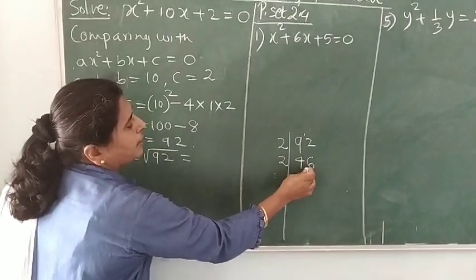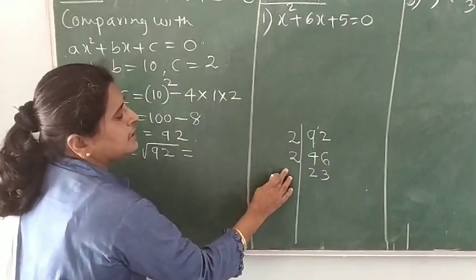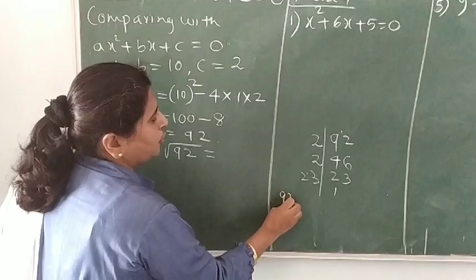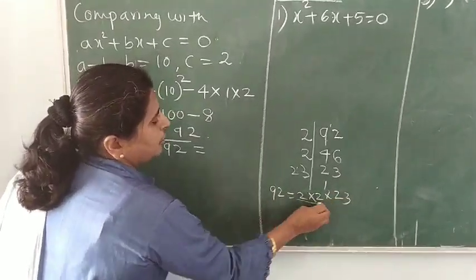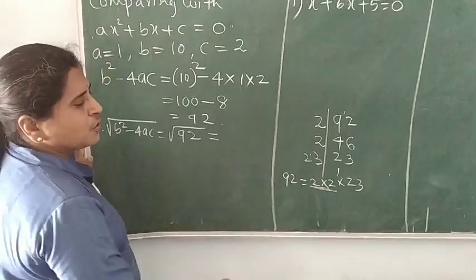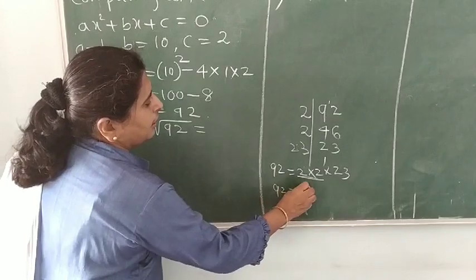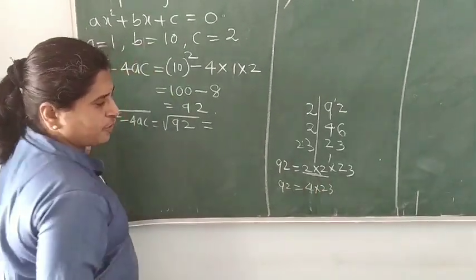So again you can divide it by 2, 2 2s are 4, 2 3s are 6. Now 23 is a prime number, so 23 ones are 23. So 92 is 2 into 2 into 23. So here you find the pair of 2. So it is a perfect square of 2. So 92 you can write as 4 into 23, where 4 is a perfect square of 2.